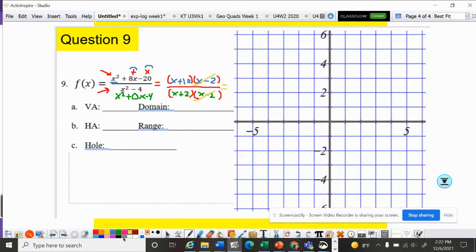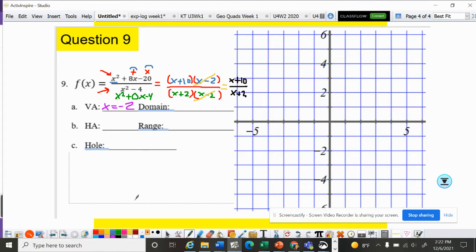So the remaining function that I have is x plus 10 over x plus 2. So I'm going to use this function to get my VA, my vertical asymptote. And so the only thing that'll make that denominator 0 is if x is negative 2.